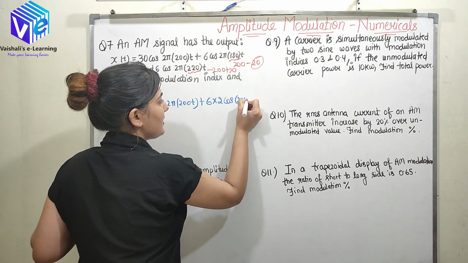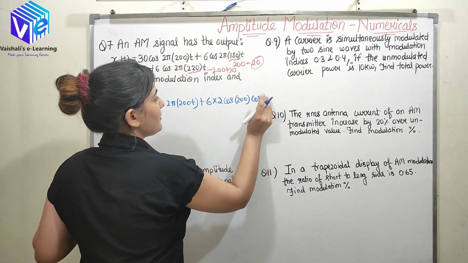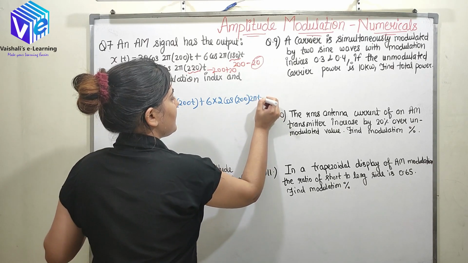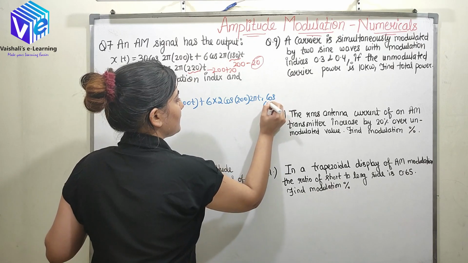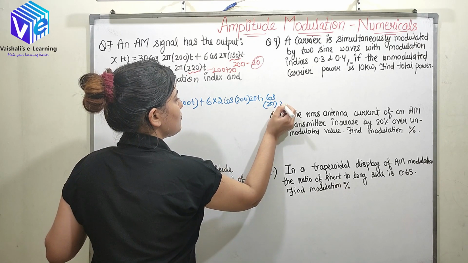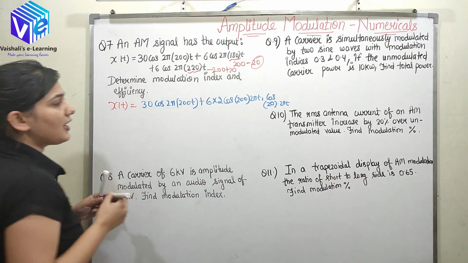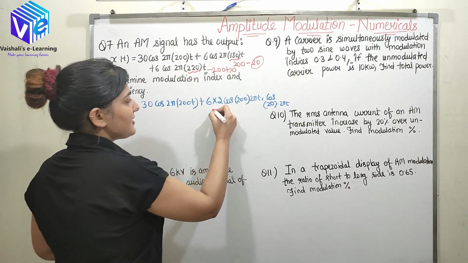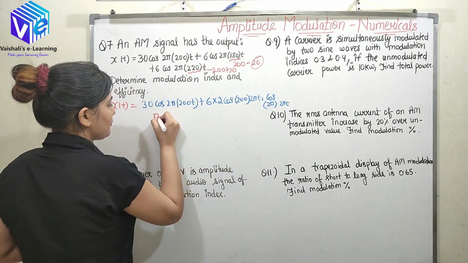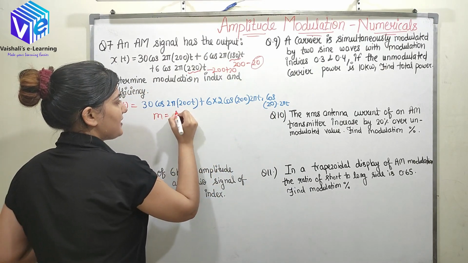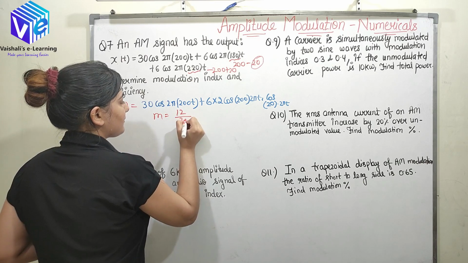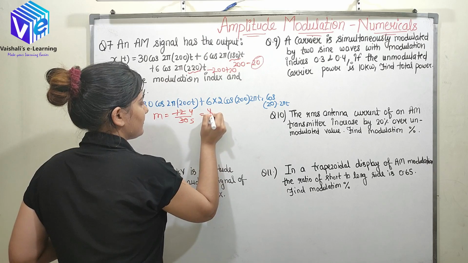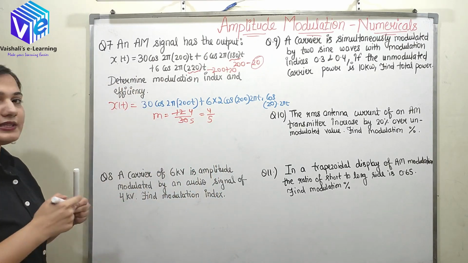A is 200 into 2 pi t, and B is 20 into 2 pi t. So now from here you can see that this is my carrier signal and this is my modulated signal. So the modulation index can be represented as 12 upon 30. So it is 4 by 5. I hope this is clear.